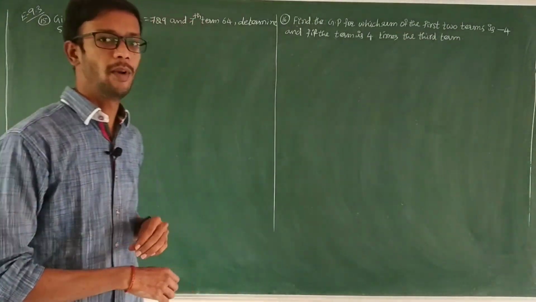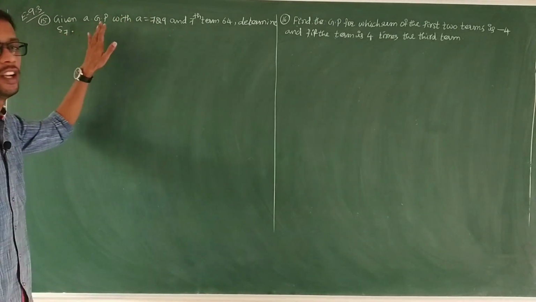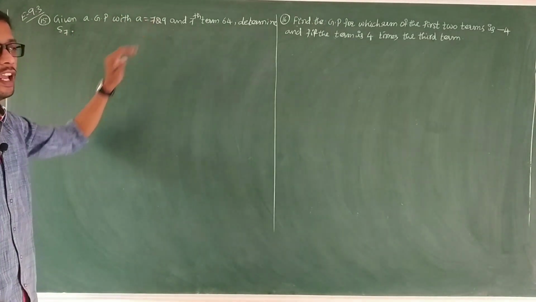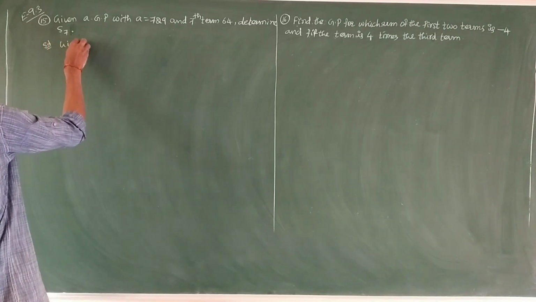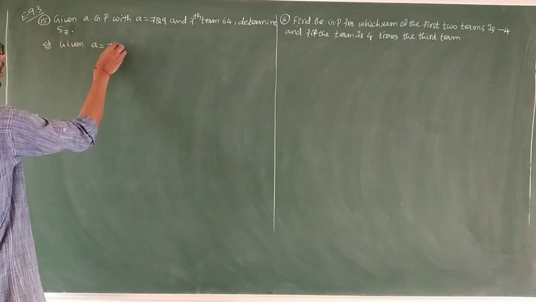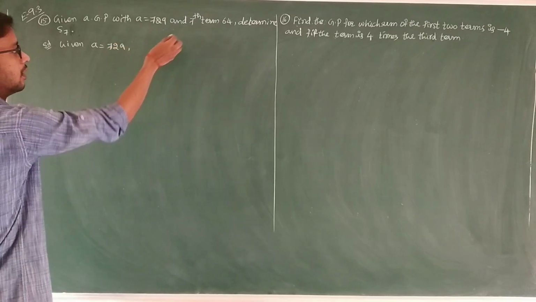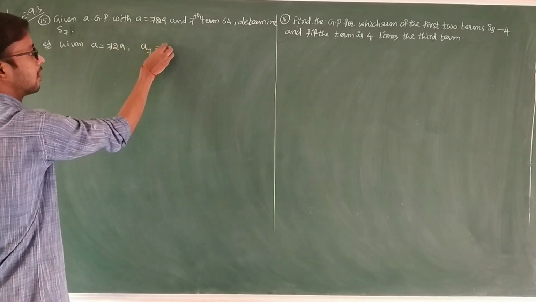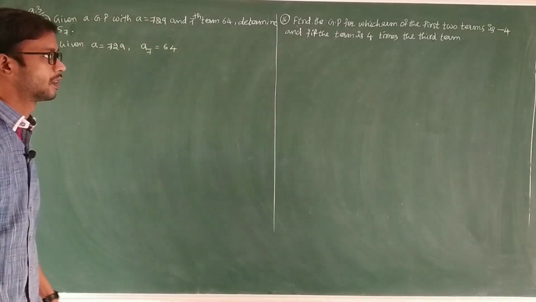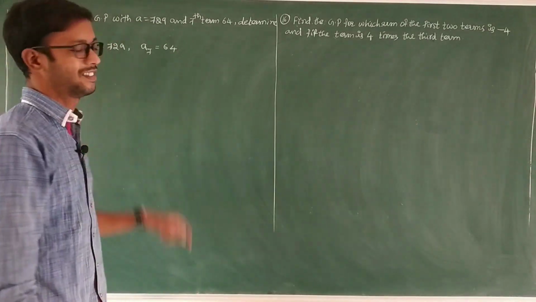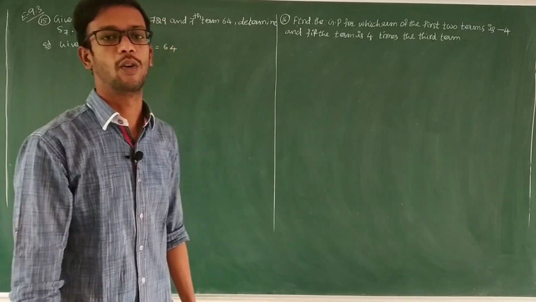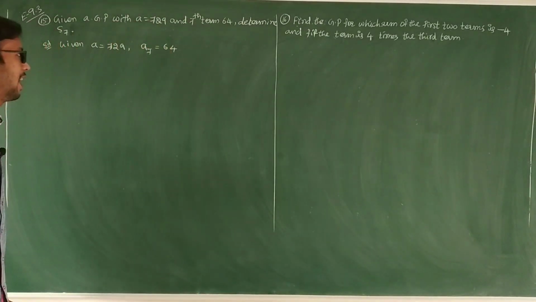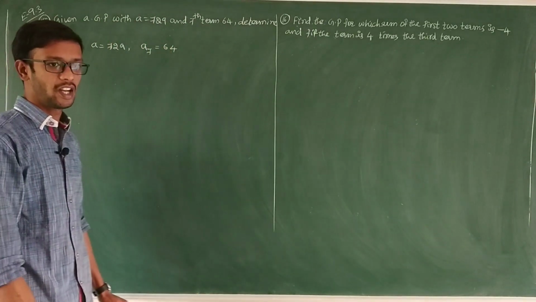Next, problem number 15. Given a GP with a is equal to... First of all, I write: given first term is 729 and seventh term a7 is equal to 64. Determine the S7. S7 means the sum of the first 7 terms we have to find. So first of all, I will find the common ratio.